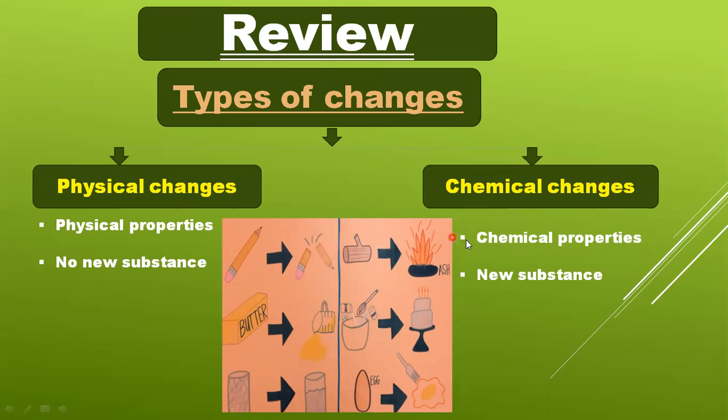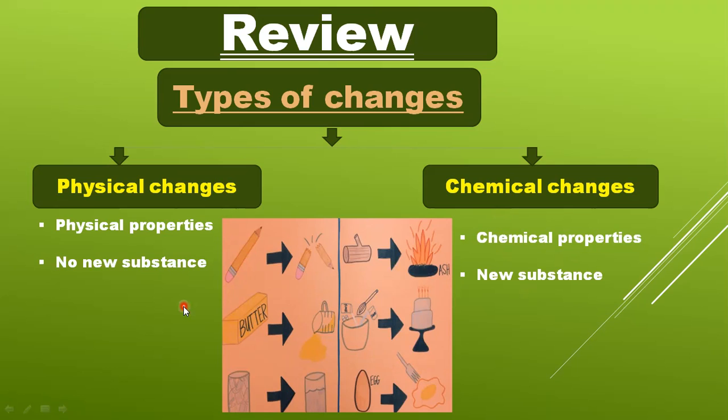But in the chemical changes, because the chemical composition of the substance is going to change, new substances will be formed. For example, as we have discussed, wood is converted into ash, and ash is a new substance which is totally different from the wood. That's why new substances will form in case of chemical changes.